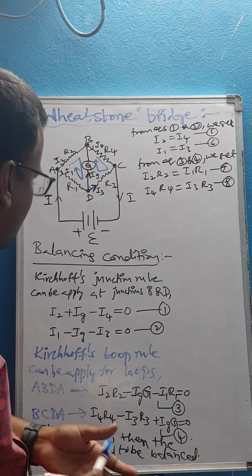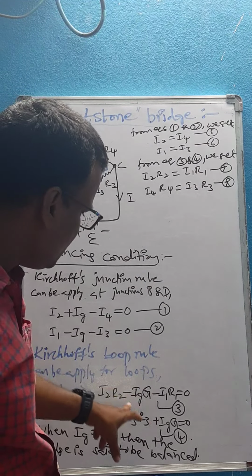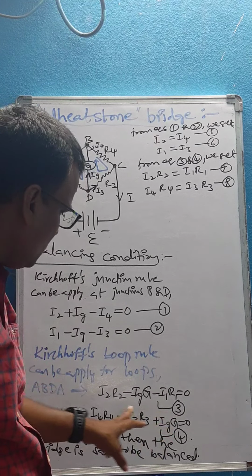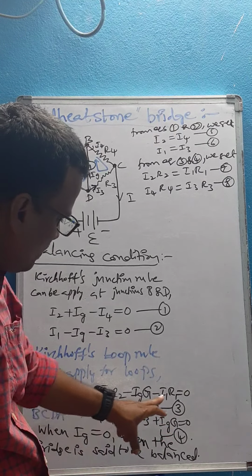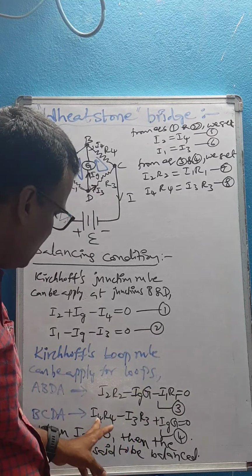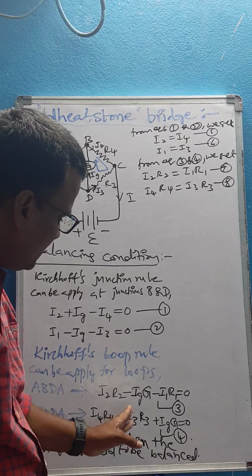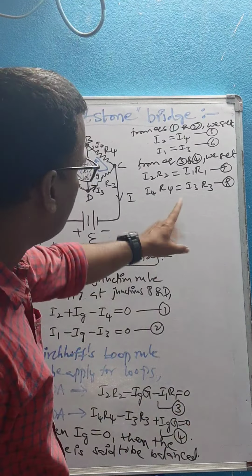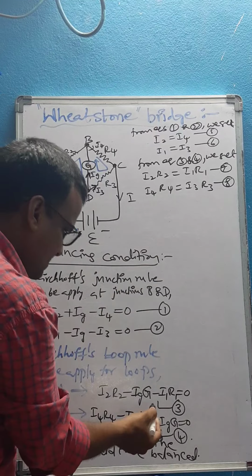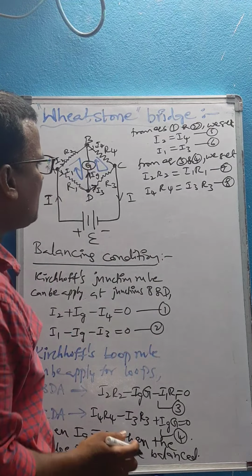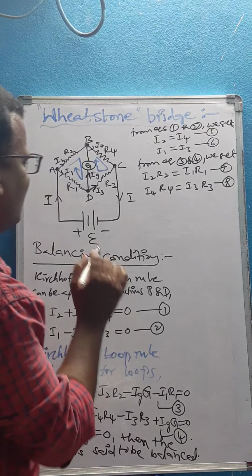Ig equal to 0 means the total Ig term is 0 here and here also. So I2 R2 minus I1 R1 is 0, that's why I2 R2 is equal to I1 R1. Here also I4 R4 is equal to I3 R3, because Ig equal to 0.